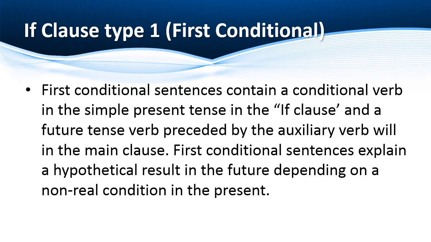First conditional sentences explain a hypothetical result in the future depending on a non-real condition in the present. So this is a non-real condition in the present, and the main clause depends on the if clause.